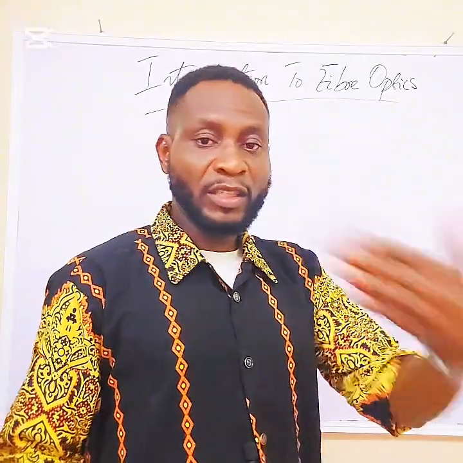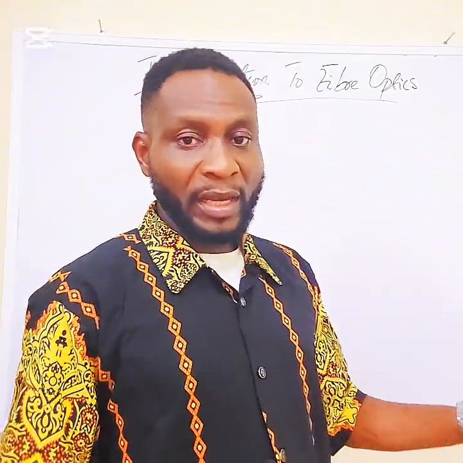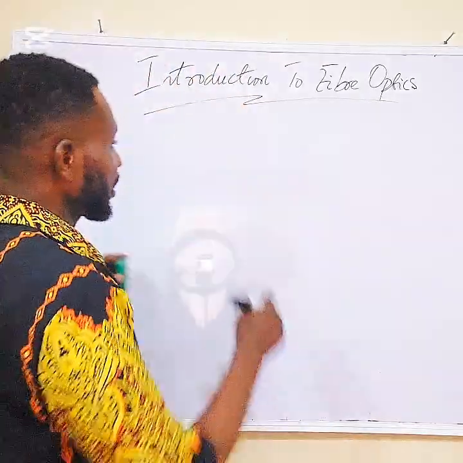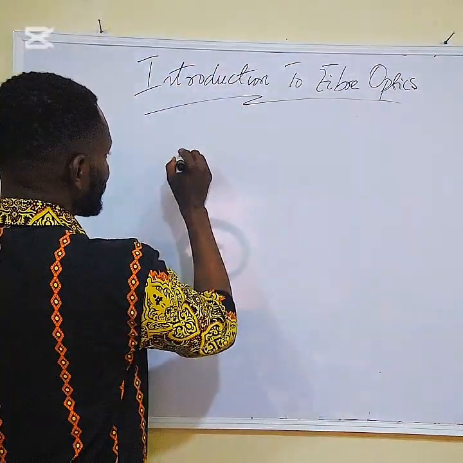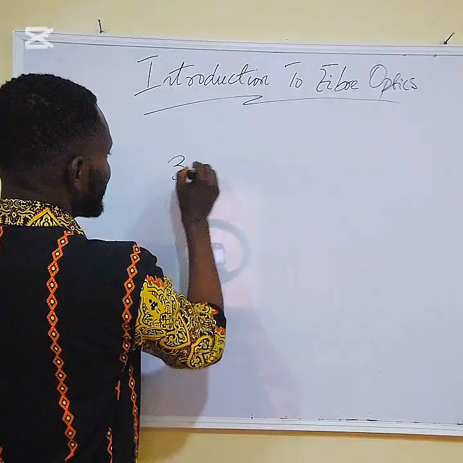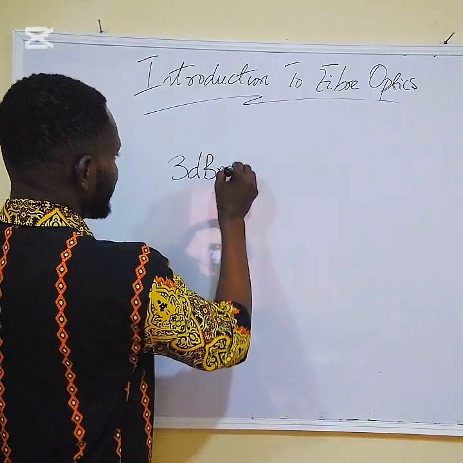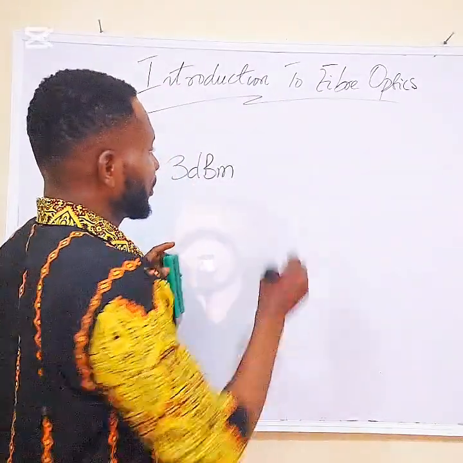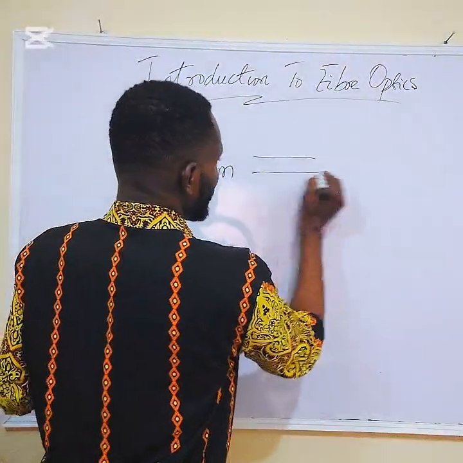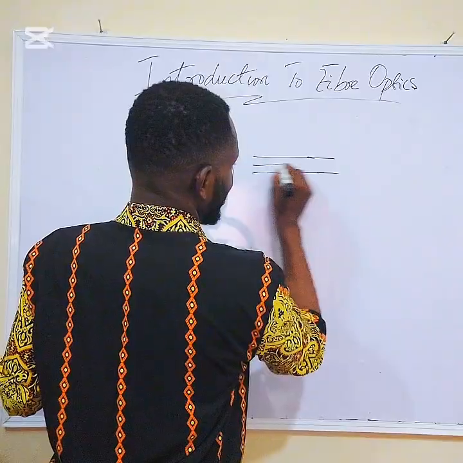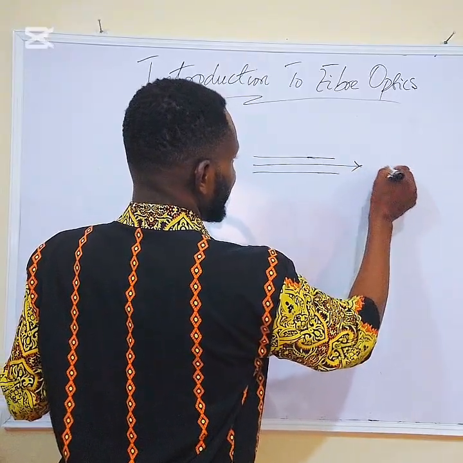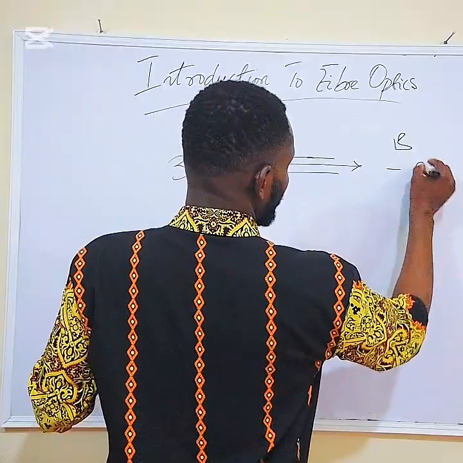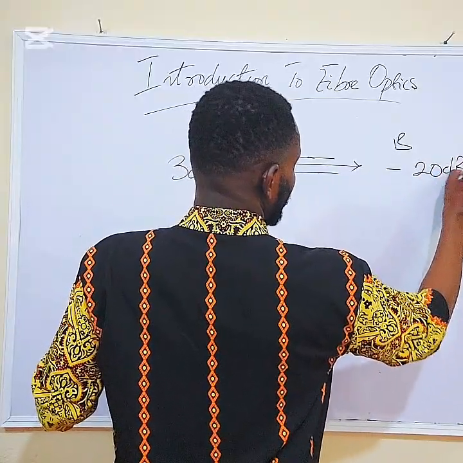So whatever stops a particular packet you send from getting to the other end. For instance, you send, say, 3 dBm, that's the unit for power, through this channel. Before it gets to the end, from point A to point B, we are having minus 20 dB.